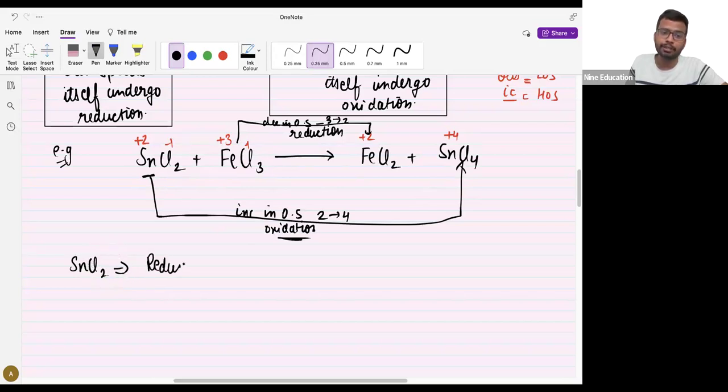Reducing agent. Similarly, FeCl3 will oxidize SnCl2 to SnCl4. Therefore, FeCl3 is acting as what? Oxidizing agent.